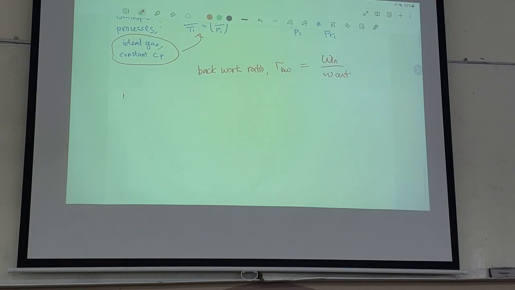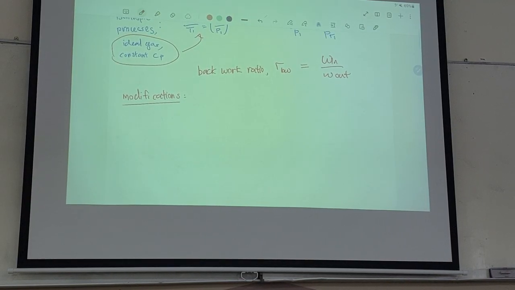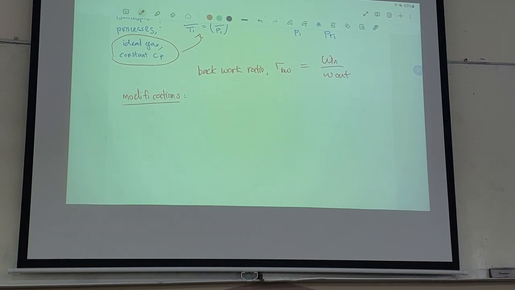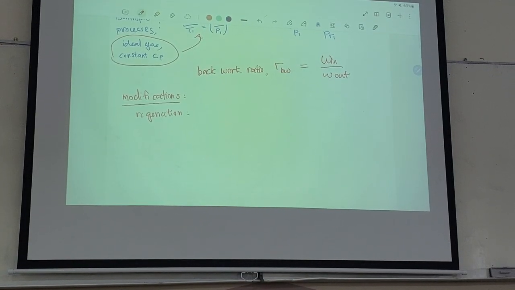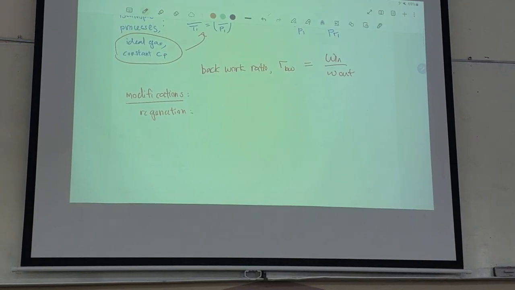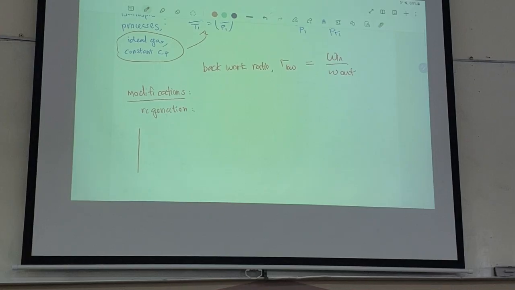Okay, then now we look at the modification. For this one, in the lecture I split into two, but technically there's only one full modification. So the main one will be, let's say we look at regeneration. Regeneration is actually the same as the previous one.